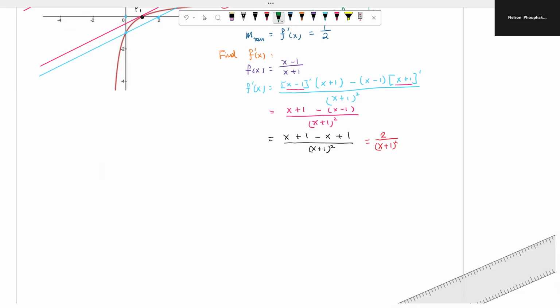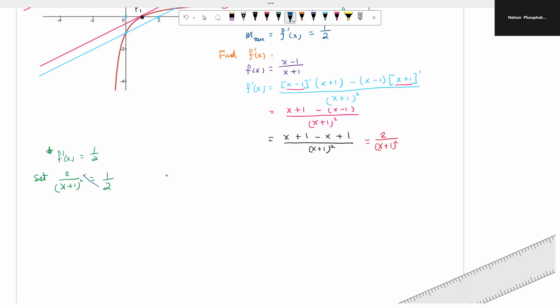Now what I need to do is set 2 over x plus 1 squared equal to 1/2. Again, we would like to set f prime of x equal to 1/2, right? This is what we would like to do.